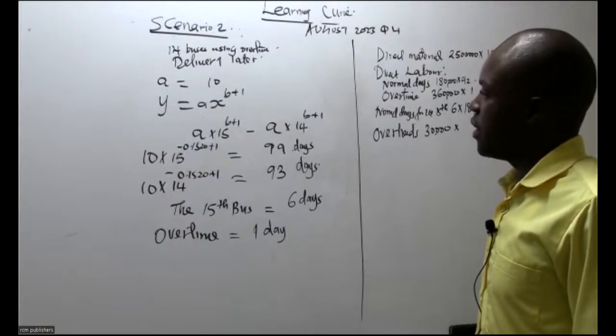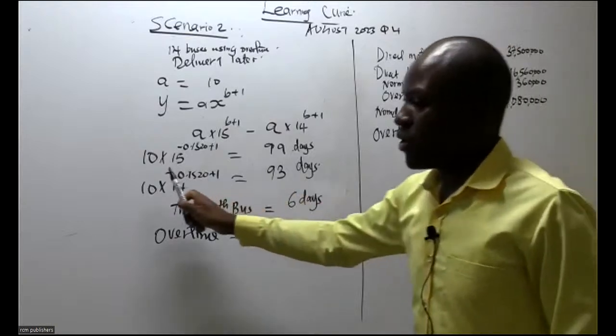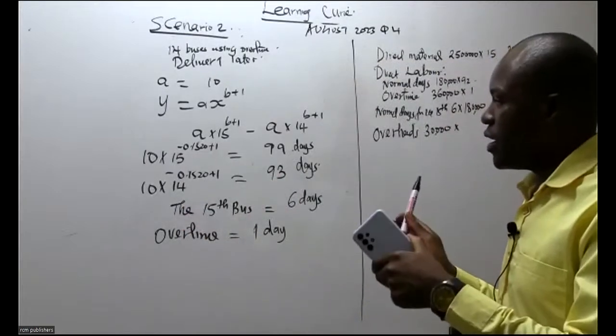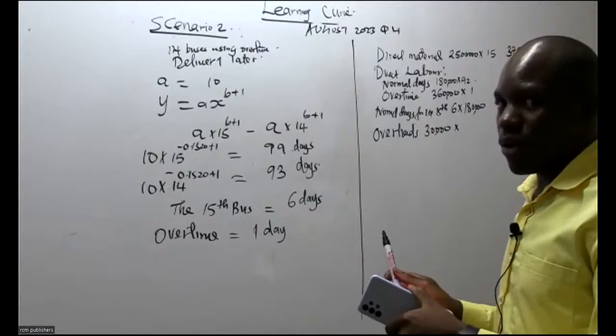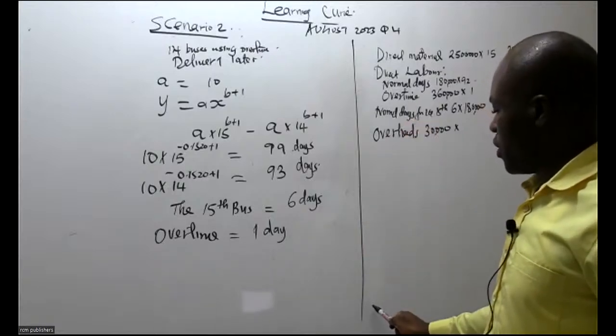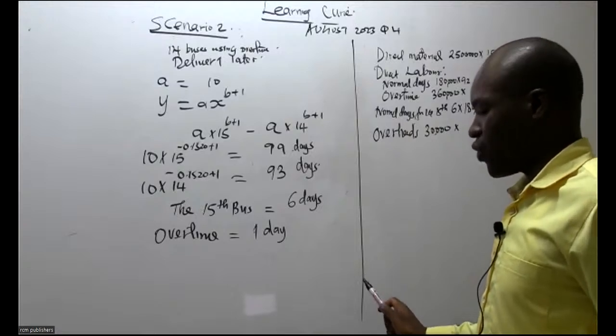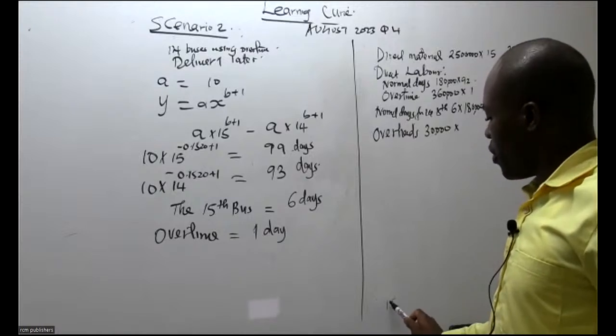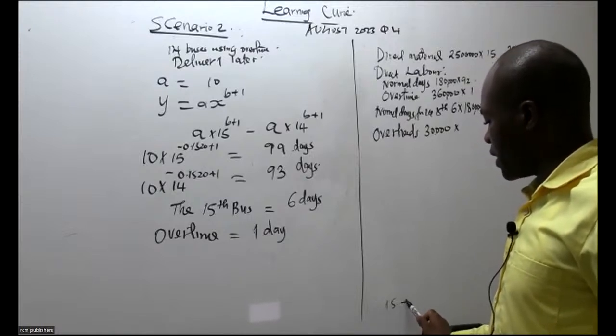Yes, let's see. Now, during the production of the 14 buses, within the time allowed, you are told that if you're given this tender or contract, you need to complete it within 15 days. If you go beyond 15 days, for the extra days, we are going to charge you.